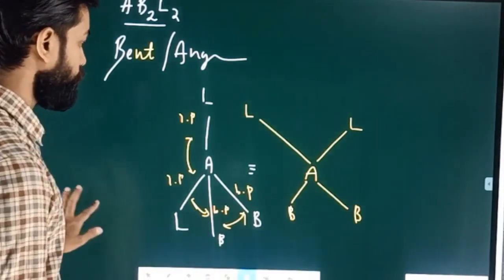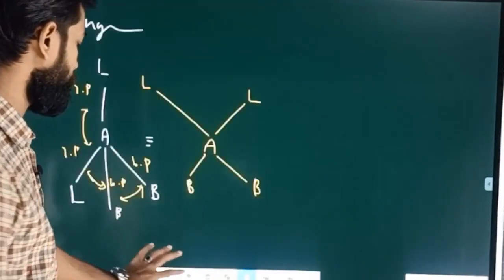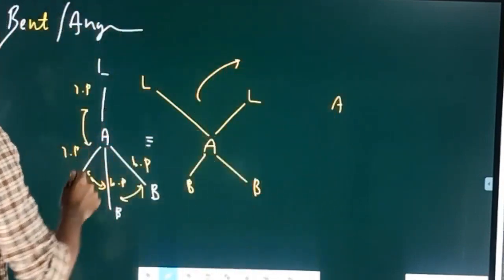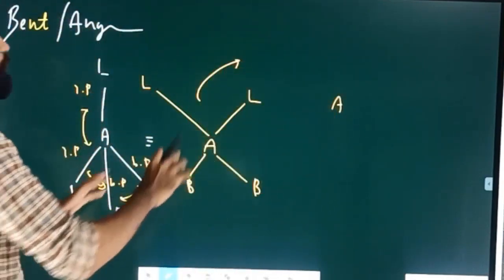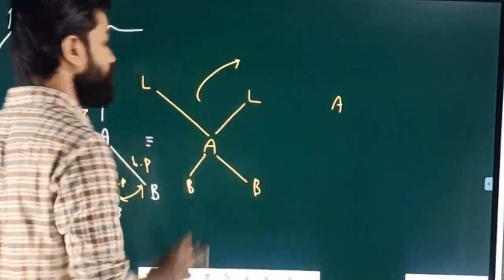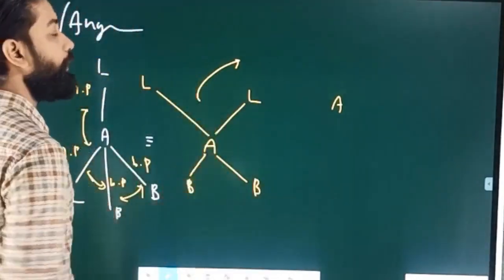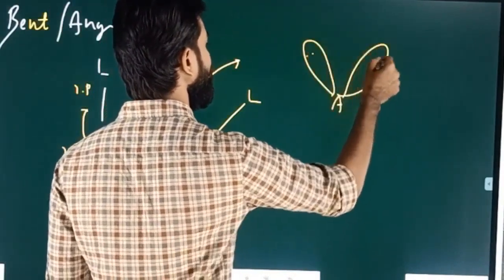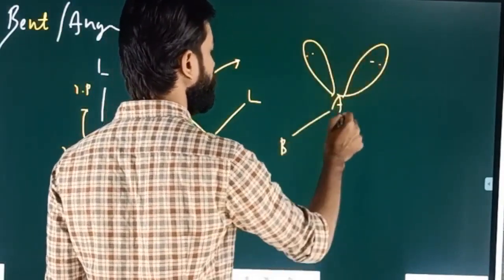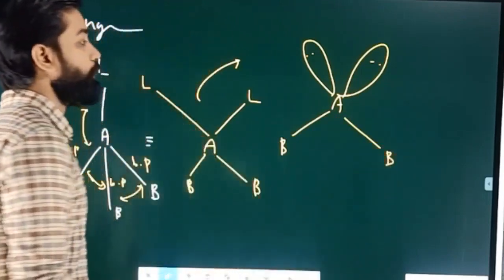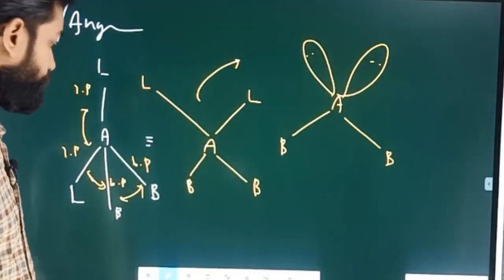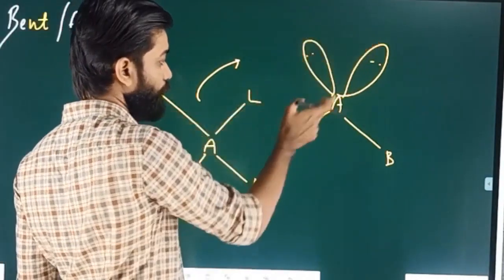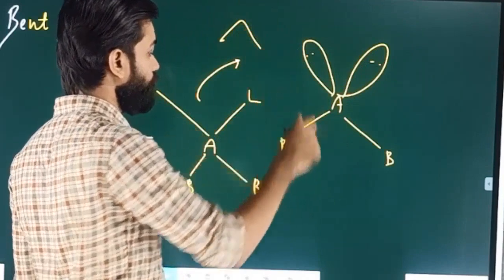So due to this repulsion, the structure has a maximum stable arrangement like this, which creates the bent shape. A lone pair like this, a lone pair like this, a bond pair here, a bond pair. This is a shape called a bent shape, where the shape between the bonds is bent.